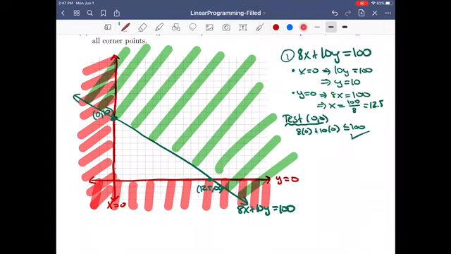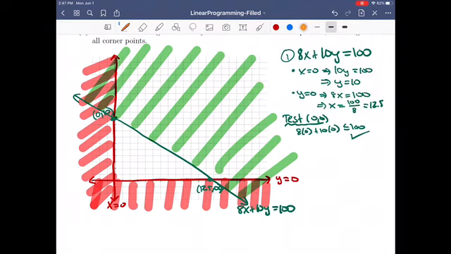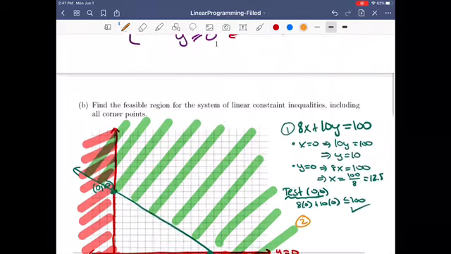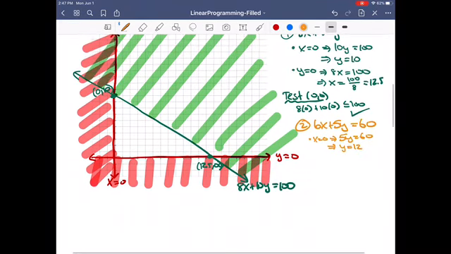Now, no, not red. Let's do orange, maybe. So now I want to do line 2, which is 6x plus 5y equals 60. Okay, so x equals 0 means 5y equals 60, which means y is equal to 12. So we get a point at 0, 12.